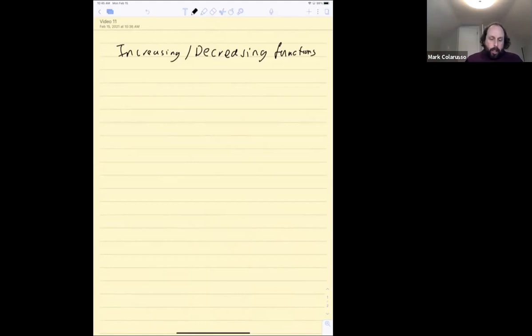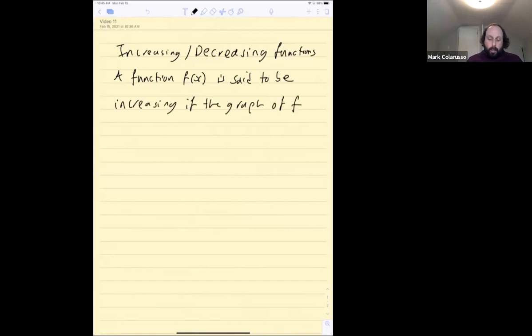A function f of x is said to be increasing, sorry, I'll do increasing first, if the graph of f rises as we move along from left to right, or in the positive x direction.